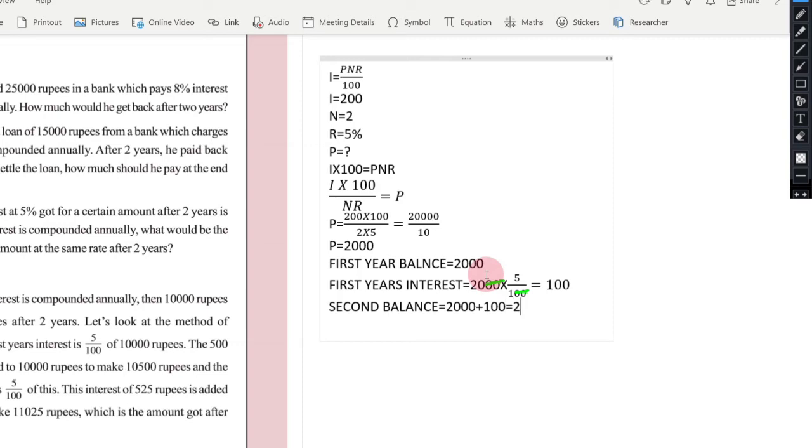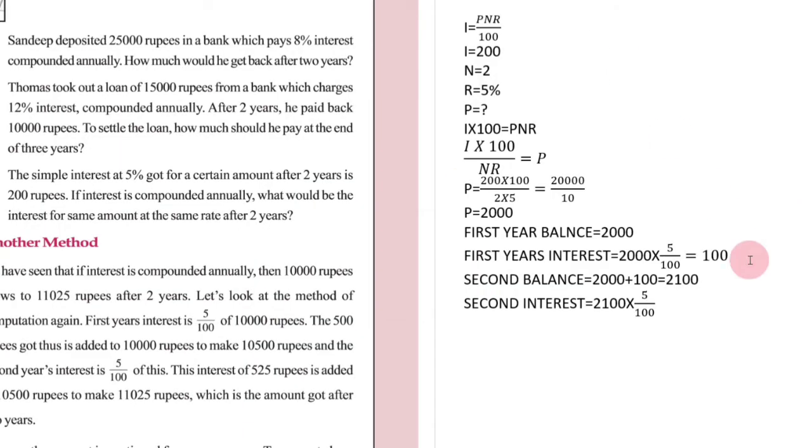So the second year balance is equal to 2,100. Then what will be the second year's interest? Second year interest is equal to 2,100 into 5 by 100.